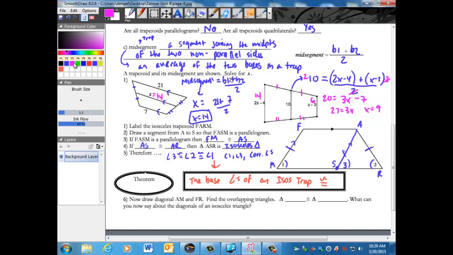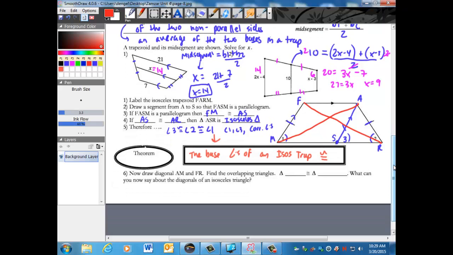Alright, next we're going to draw in two diagonals. Let's go red. So here comes one diagonal. Here comes our second diagonal. Alright, and by doing that, we have now created two overlapping triangles. So we're going to redraw that first triangle.